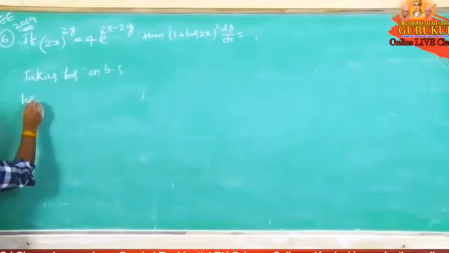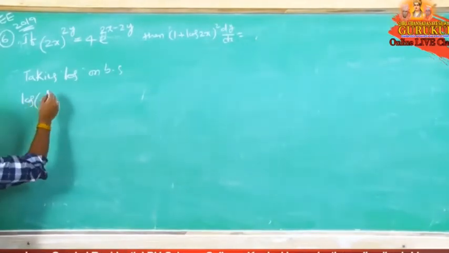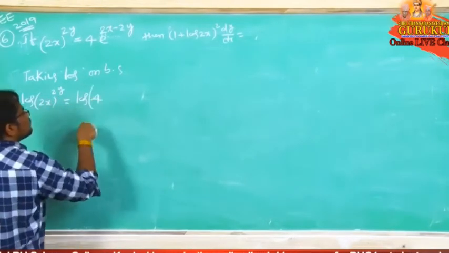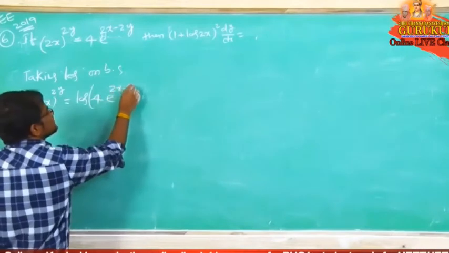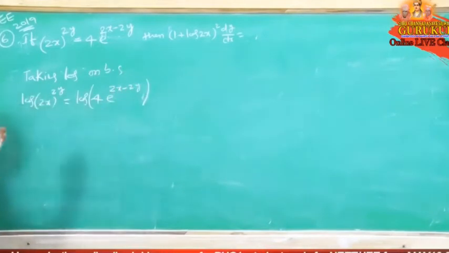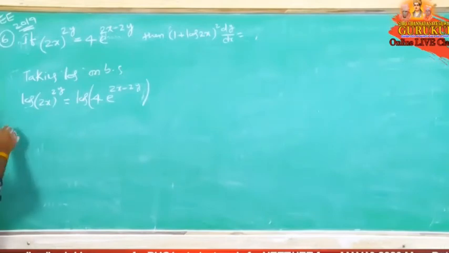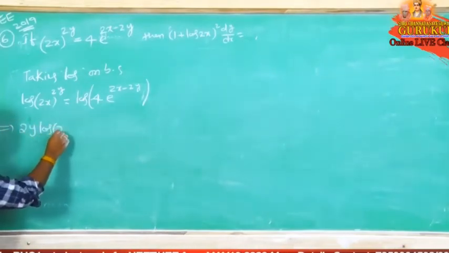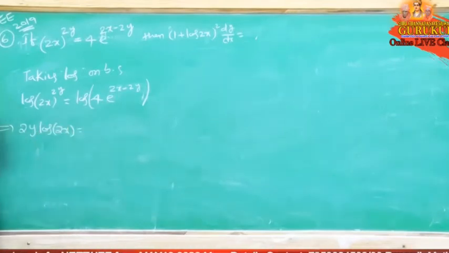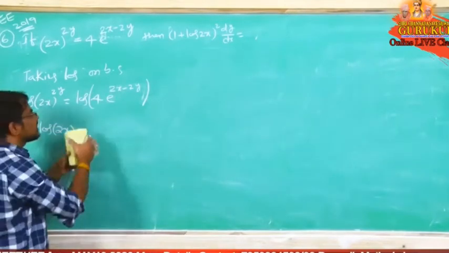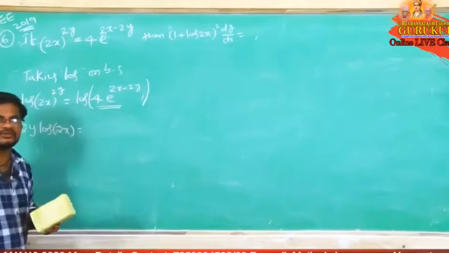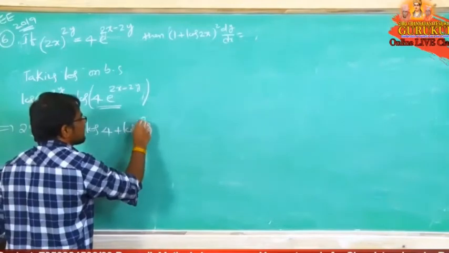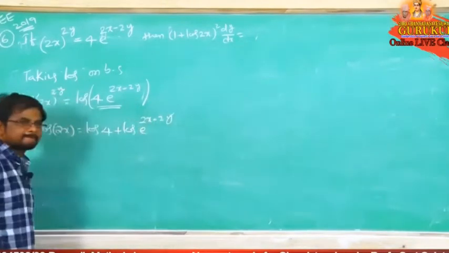Now log of (2x) whole power 2y equal to log of 4 into e power 2x minus 2y. Same like previous problem only. So how to write it as 2y log of 2x equal to, here product of two terms are there, log of a into b, log 4 plus log of e power 2x minus 2y.